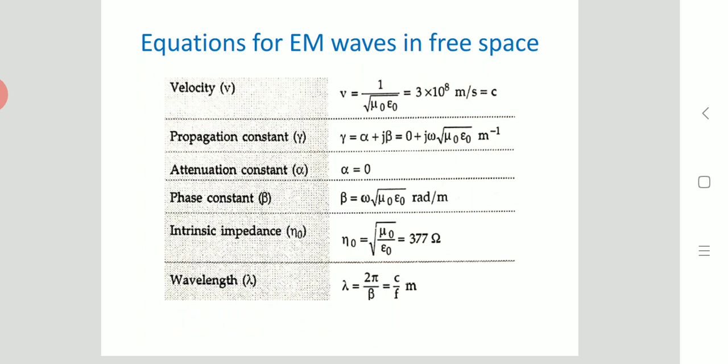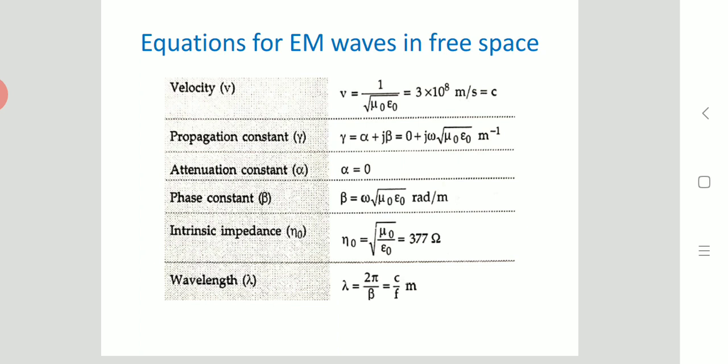The propagation constant gamma is equal to alpha plus j beta, where alpha will be 0 for free space, therefore the equation becomes j omega root of mu naught into epsilon naught, meter raised to minus 1. Here the attenuation constant alpha obviously will be 0.